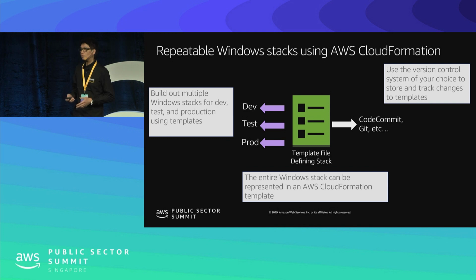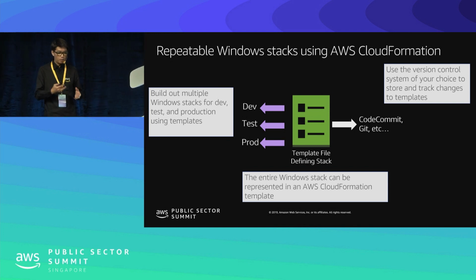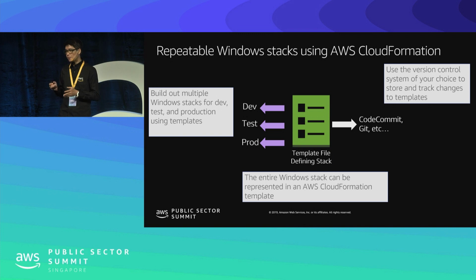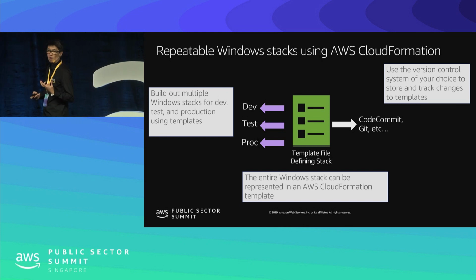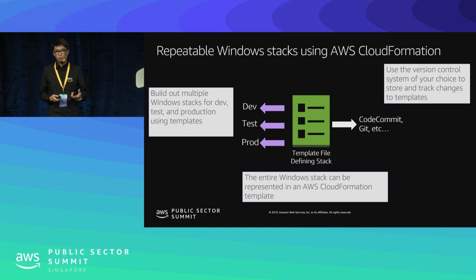And with that, you can deploy the same stack again and again for development, testing, and production. Quite often we have disparate configurations among the different environments because everything is done by humans, so it's error prone. If the infrastructure is a template, we can build a repeatable architecture of the same stack again and again.